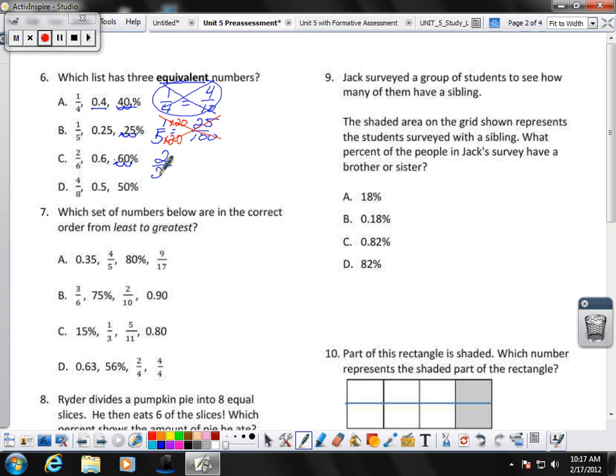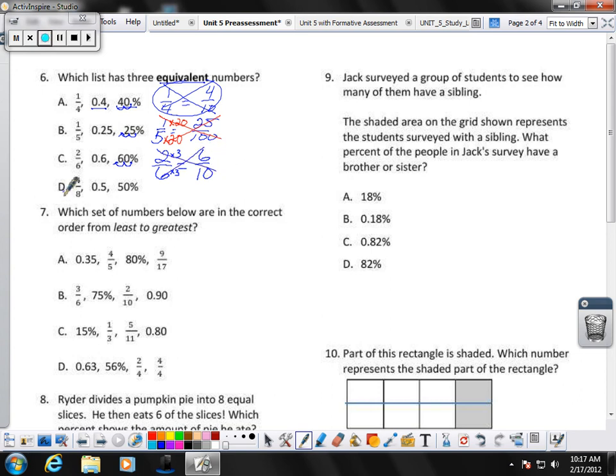Is 2/6 equal to 6/10? Are these two the same fraction? Is there anything I can do to that 6 to make it a 10? Well, I could make my 2 a 6 by timesing it by 3. But if I times 6 by 3, I get 18. So it can't be that choice.